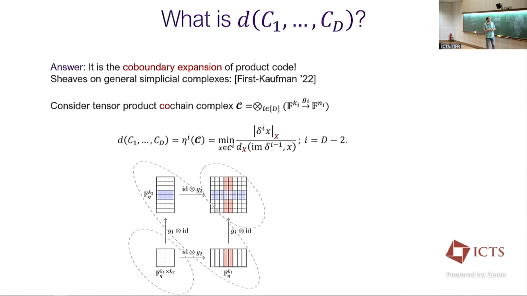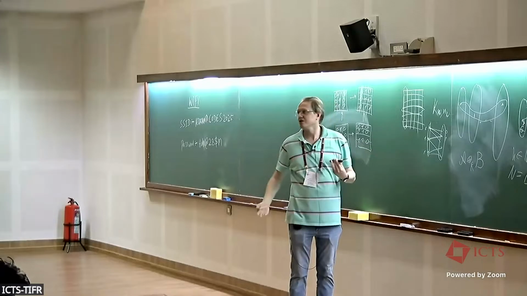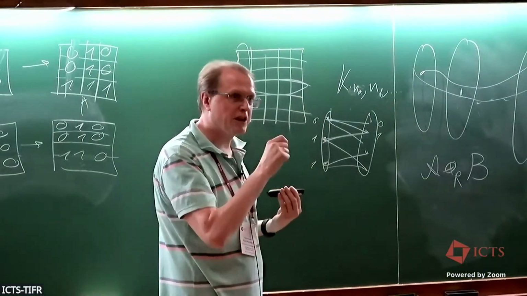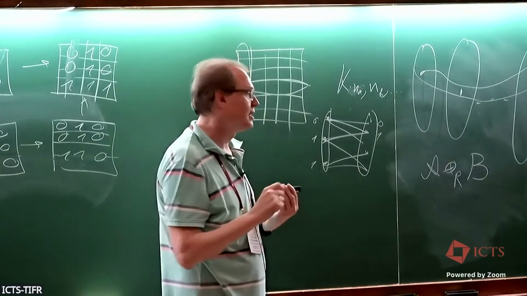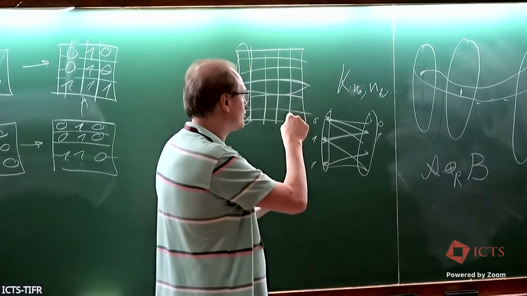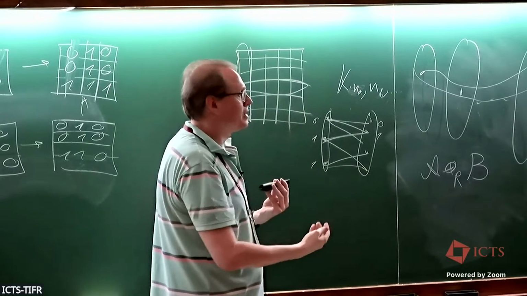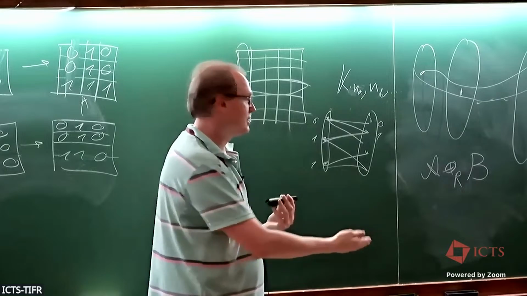And for repetition codes, this is exactly the Cheeger constant of this bipartite graph. So in the special case of repetition codes, this idea corresponds exactly to the Cheeger constant. So you can think about it as a generalization of this.